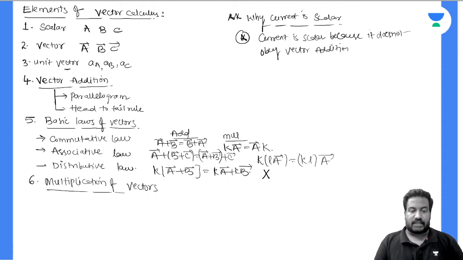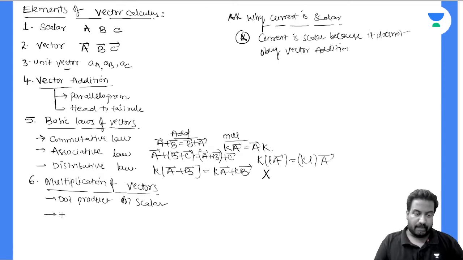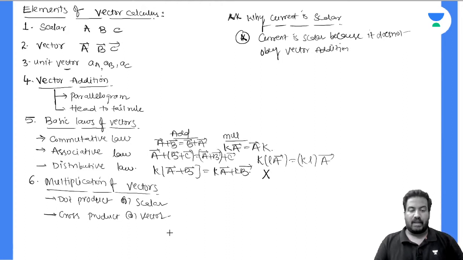Under multiplication of vectors, we have dot product, or also called as scalar product, and cross product, or also called as vector product.